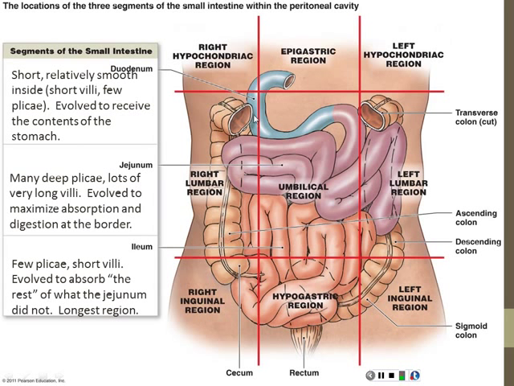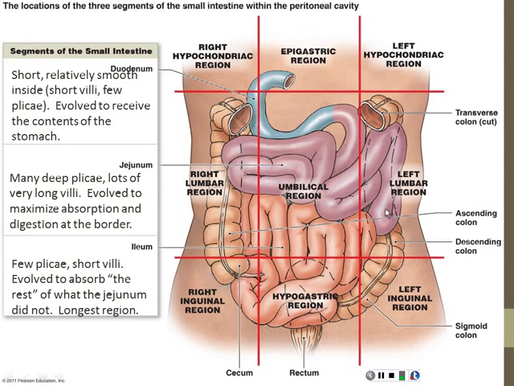All right, so what are the parts of the small intestine? Okay, so here would be the stomach that's been removed. And the first part, which is sort of S-shaped, that's here, that's the duodenum. The duodenum becomes the jejunum, which is here in purple. So this whole region is all the jejunum.